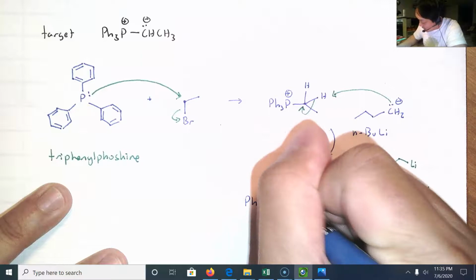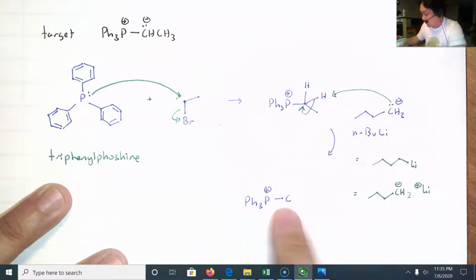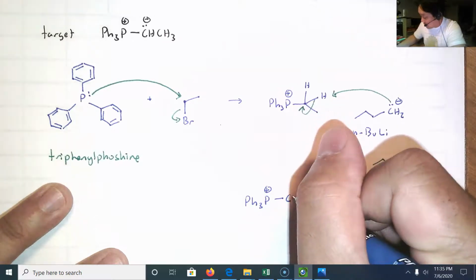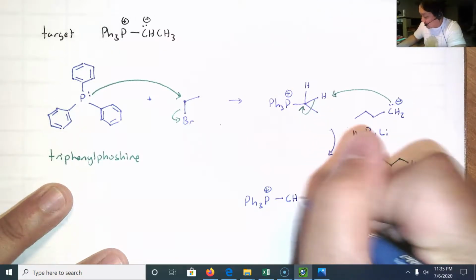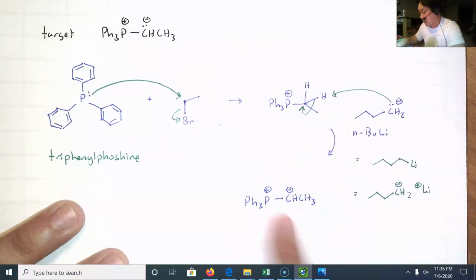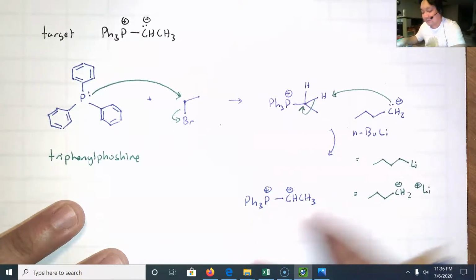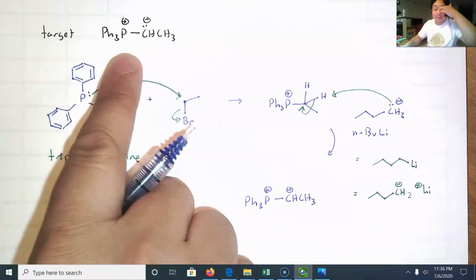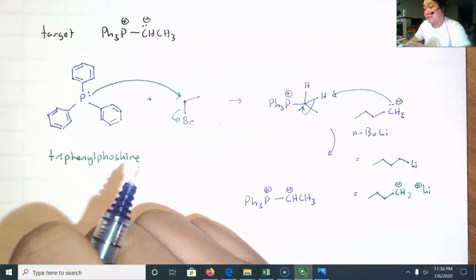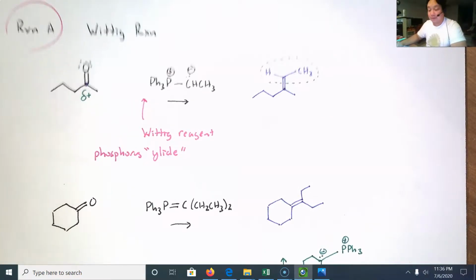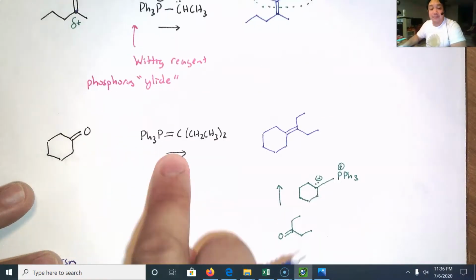We can draw it several different ways. Again, I like to draw the carbon connected to the phosphorus. And you could draw bonds, or you could just draw the condensed structure. You don't have to draw the lone pair if you're not going to be using it in a mechanism. Okay? I mean, we're done. This is our target. Our target's up here. So, at home, what can you do? You can figure out how to make this Wittig reagent, how to make this Wittig reagent.